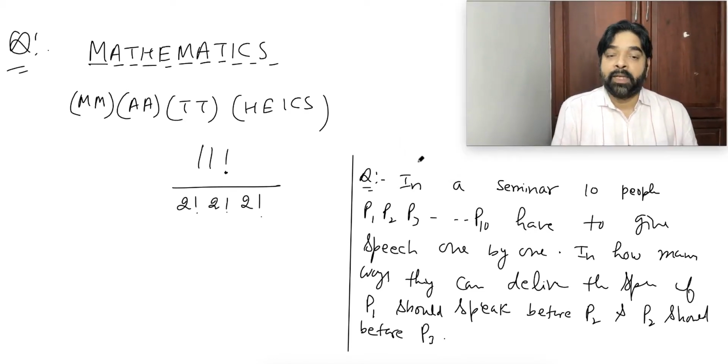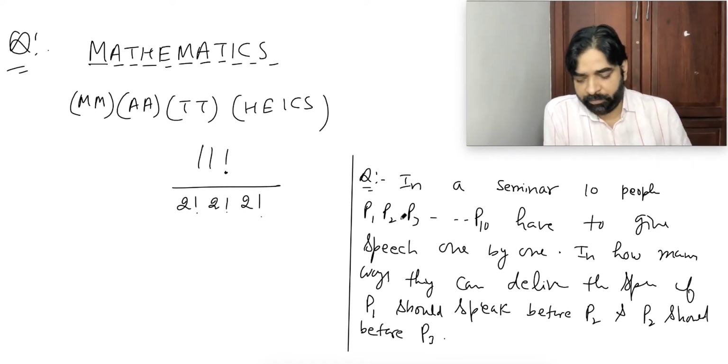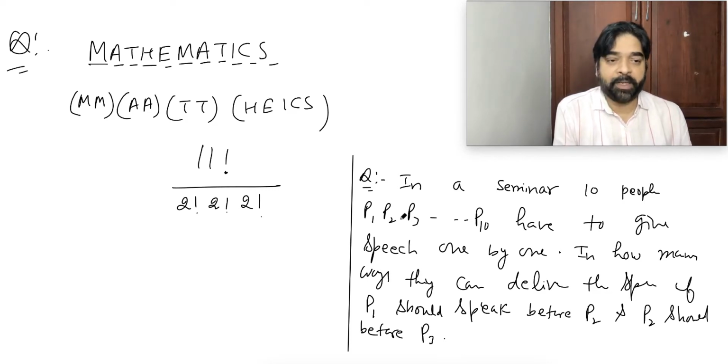Check it here. Suppose I ask you, with no condition, in how many ways they can give the speech? No condition, simply. Whoever can start, whoever cannot start. At least that answer you can tell me. What will be the answer? Speak, bhai, orally you can give the answer.